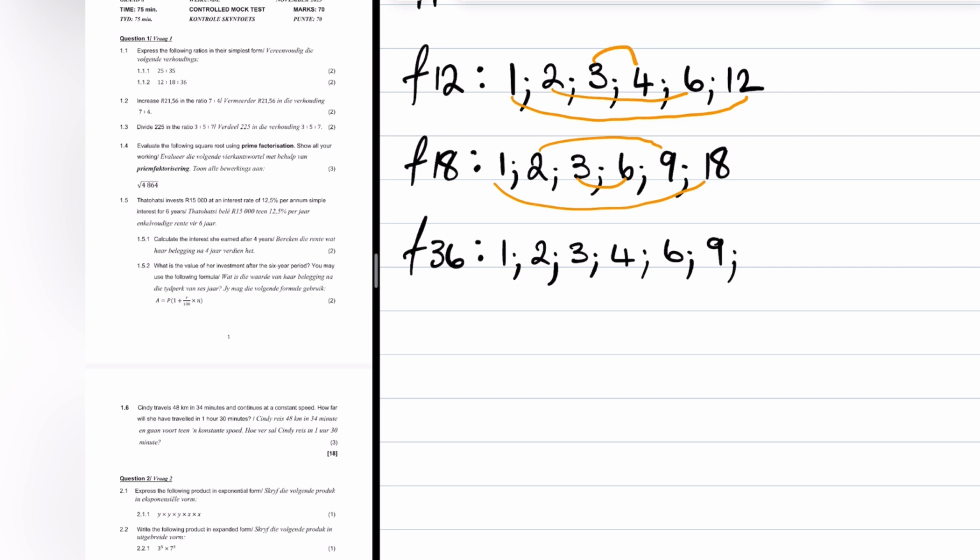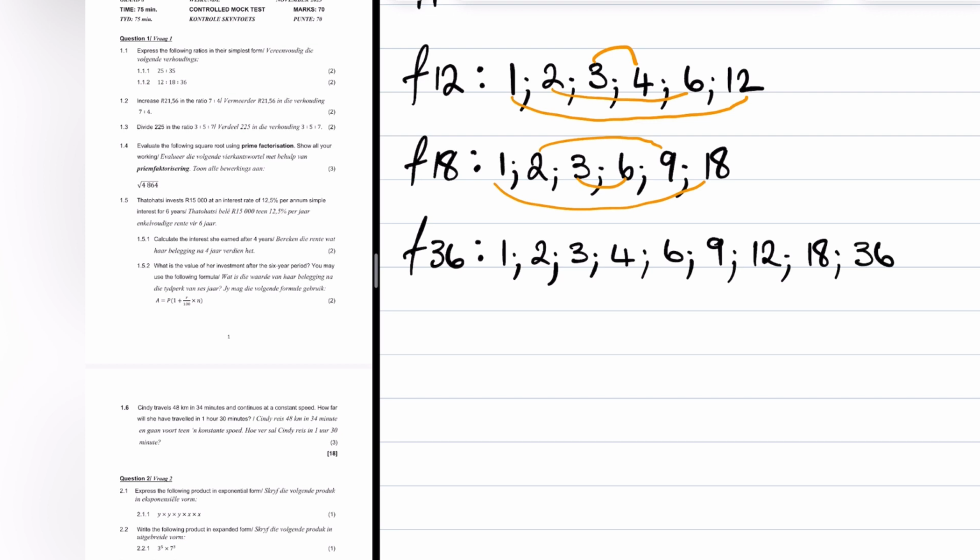And after that we've got 10, 11, 12 can divide into 36. And we've got, what else? The one after that would be 18. Because 18 times 2 is 36, and then after 18 it will only be 36 that's left.